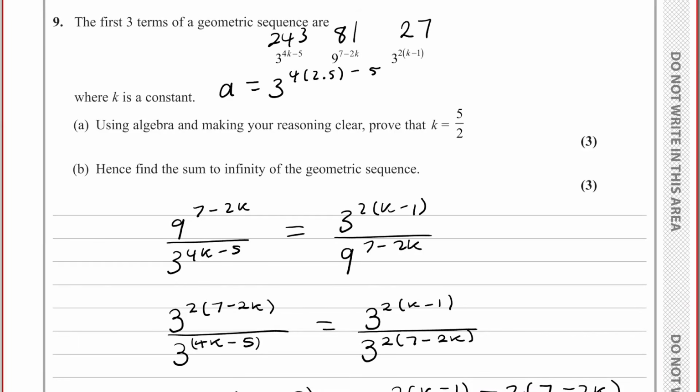So what's the common ratio? To go from the first term to the second term to the third term, we're dividing by 3 or timesing by 1/3. So a is 243. The common ratio is 1/3.